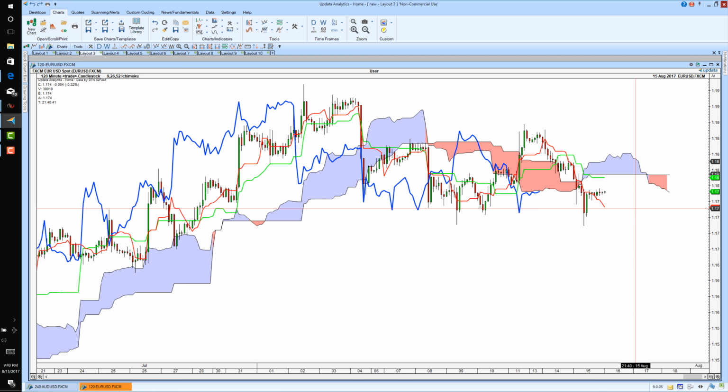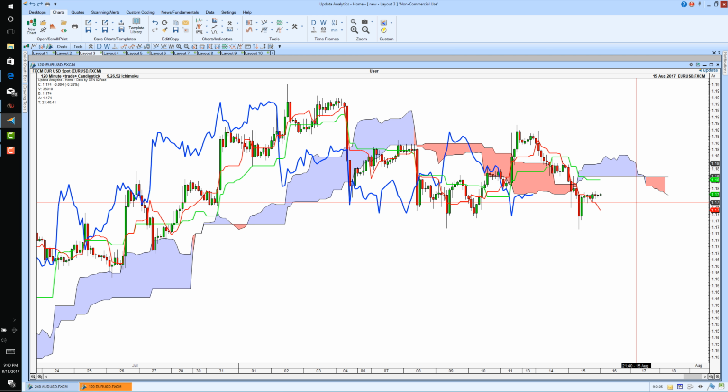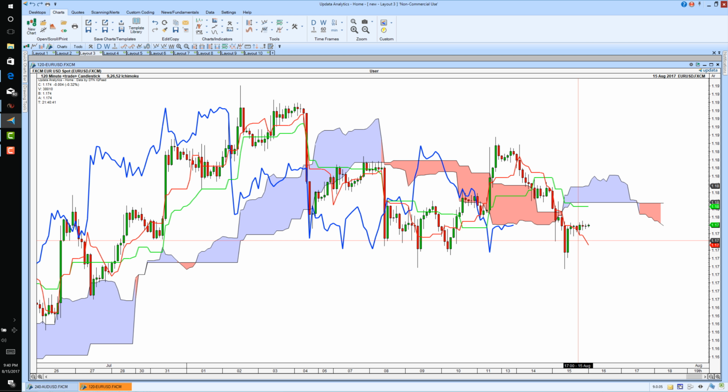So with that being said, what I'll be looking for is this particular moving average here to penetrate through here. Once this blue line penetrates through this red cloud, then price as well should penetrate through this purple cloud. The purple is more for bullish, and the red is for bearish. I just need to change this color.